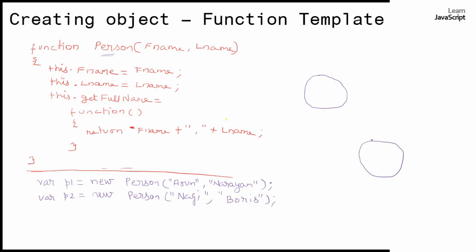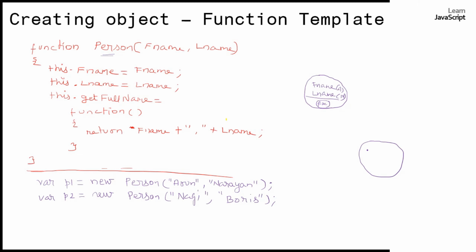So the first object will be having two data members, F name and L name. So this one will be the Arun Narayan, and it will have functions also here. So this is get full name.